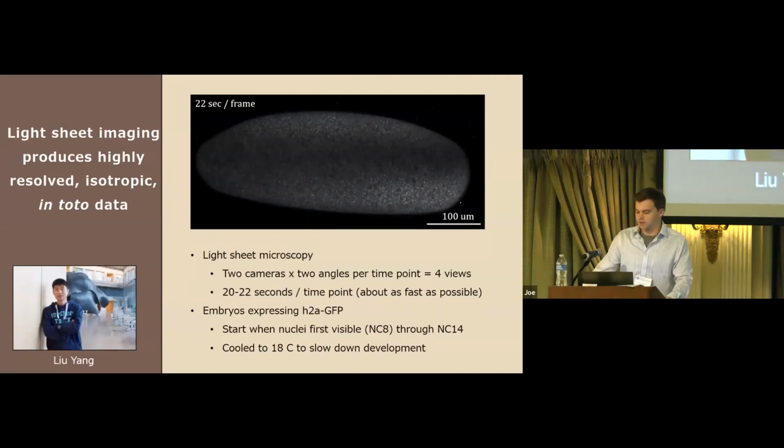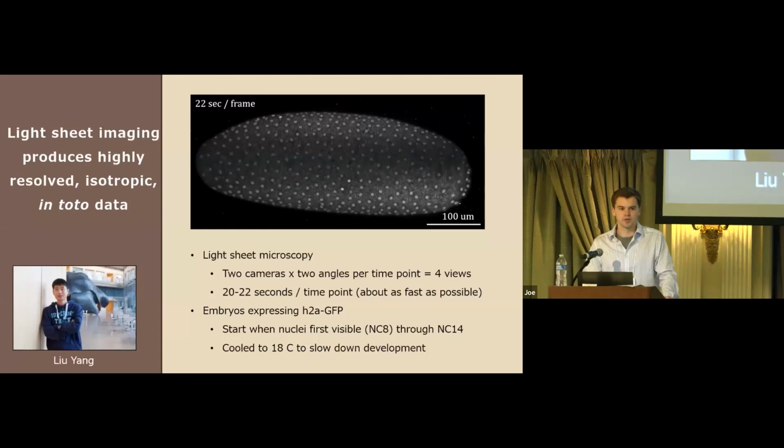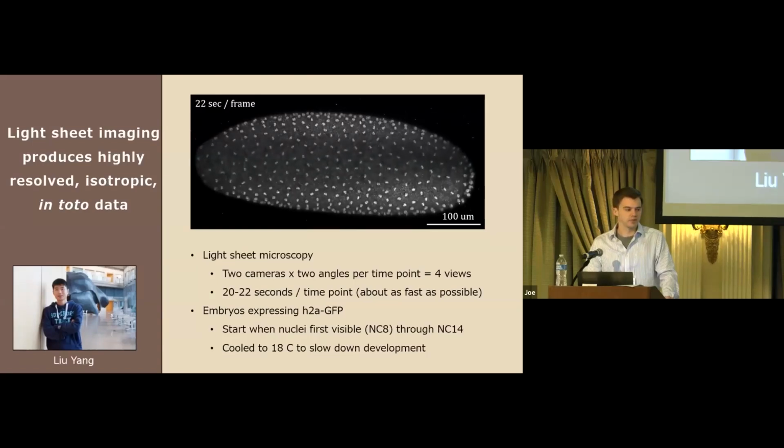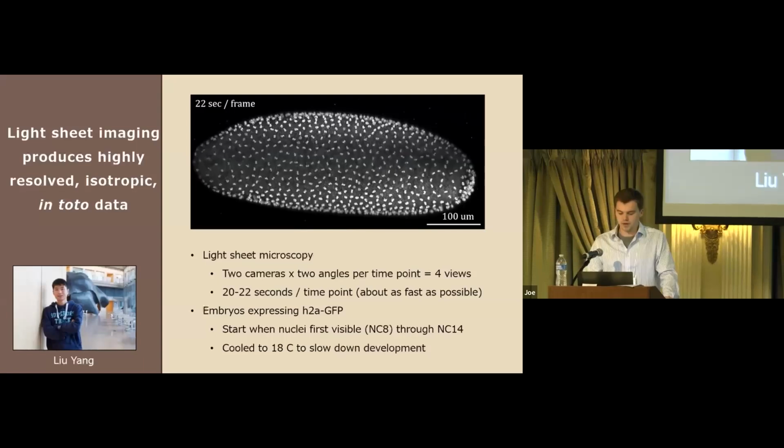Great. So as I mentioned, we're able to image the entire embryo, and that's because of some really great light sheet microscopy that was done by Liu in the Schwarzman lab.